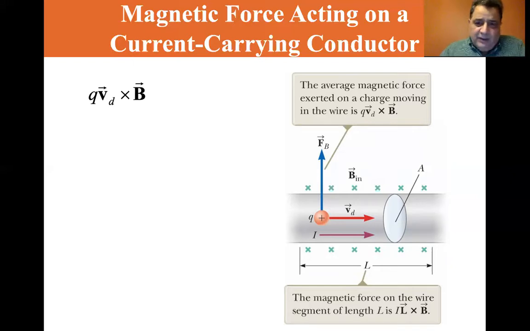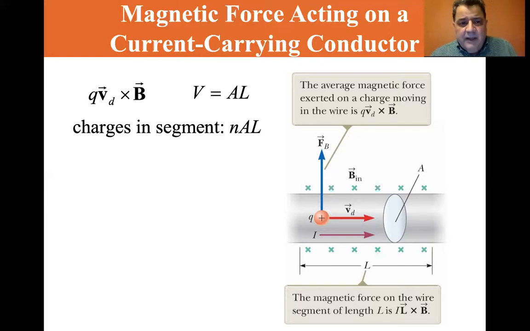Well, how do we get there? We start with a single charge q times the drift velocity crossed with B, the magnetic field. Well, this volume of length L times the cross-sectional area A, that volume is AL, and so the number of charges in that segment is nAL.